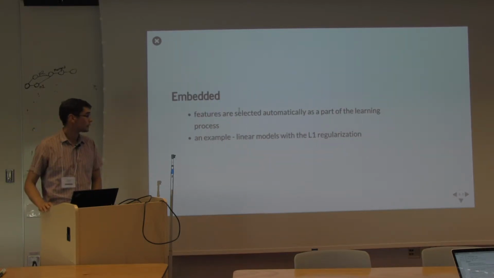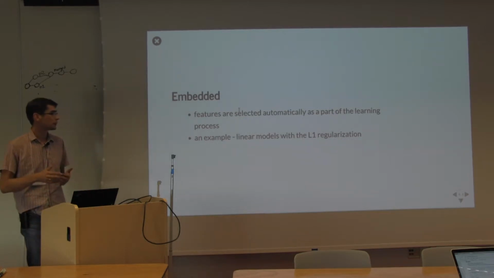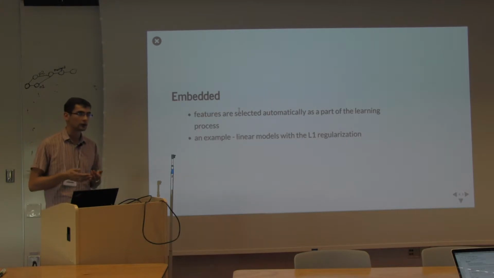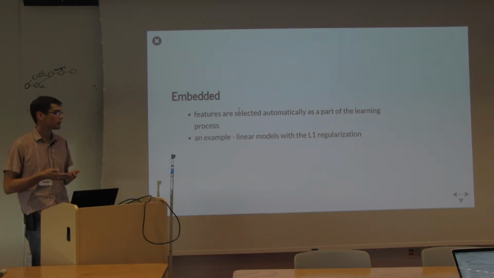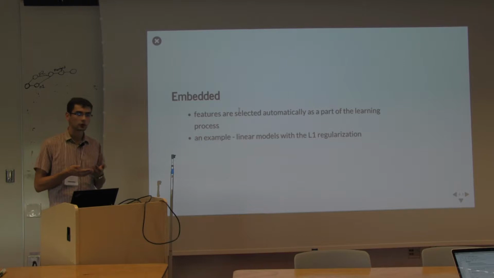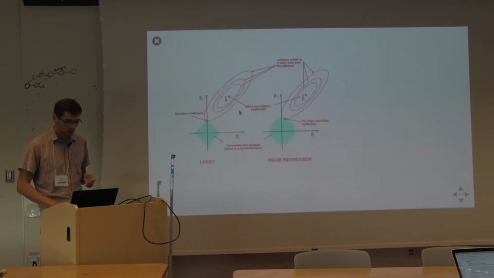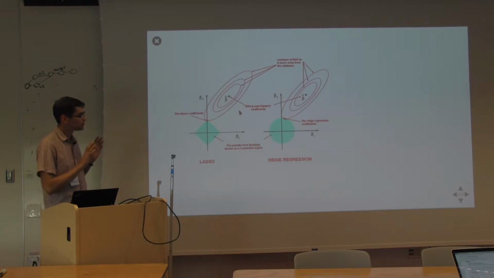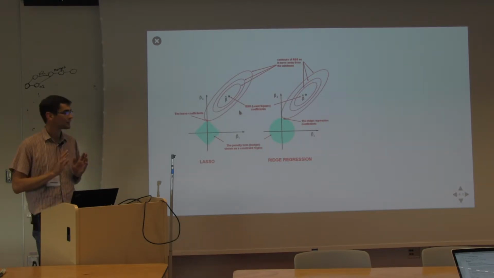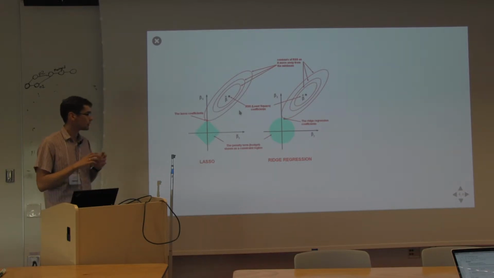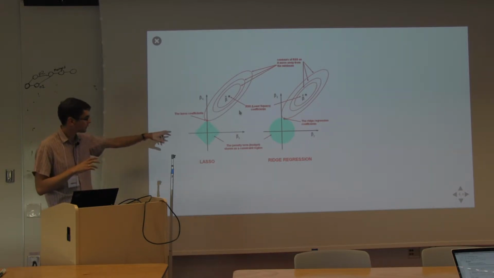So the next class of methods is embedded methods, and a good example is a linear model with L1 regularization, kind of lasso regularization. I really like this plot. It's a little bit complex, but it shows that you would like to optimize some functional in a certain area.